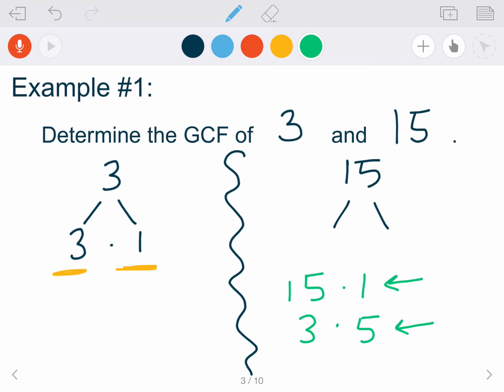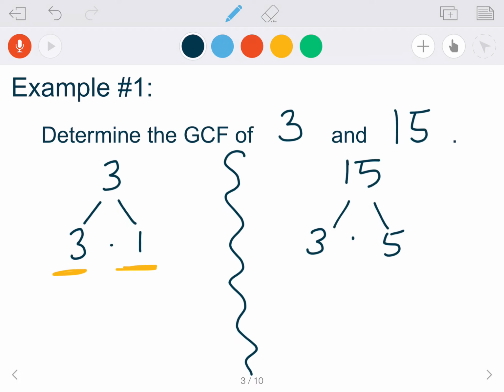Which of the two groups will we have to do the least amount of work for? Probably the second one. So let's write 3 times 5, or 5 times 3.